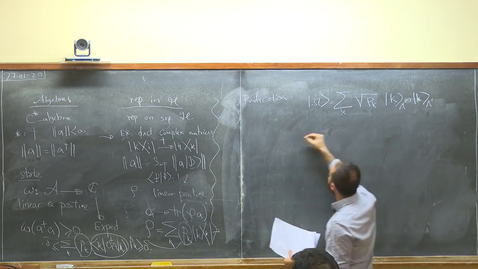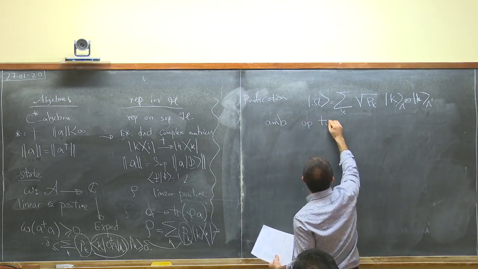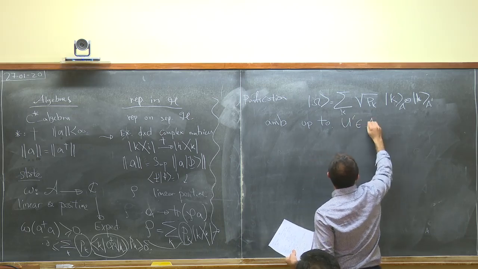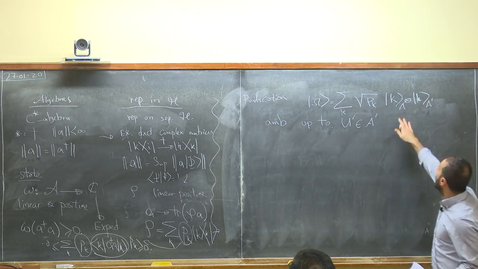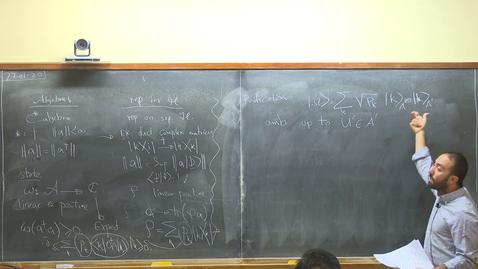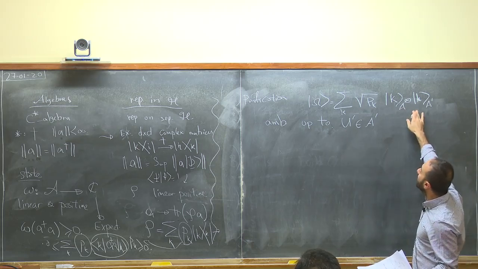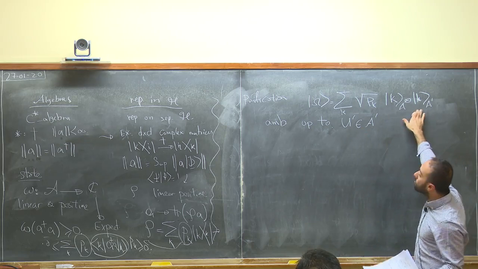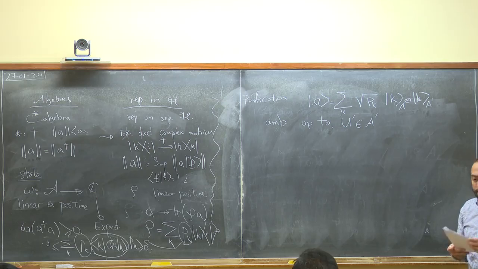Purifications are always ambiguous up to a choice of a unitary U prime on A prime. This is canonical because it's symmetric. U prime is fixed by requiring the density matrix of A prime to be rho as well. But I'm not going to use that for now.